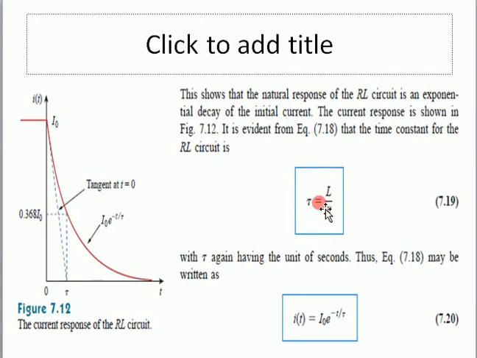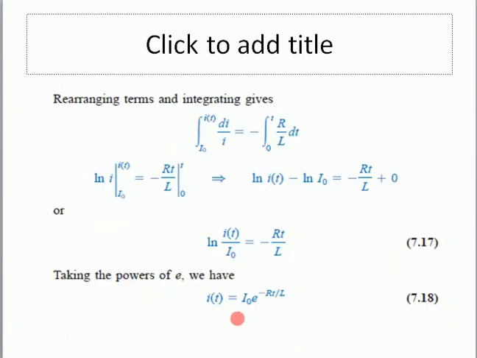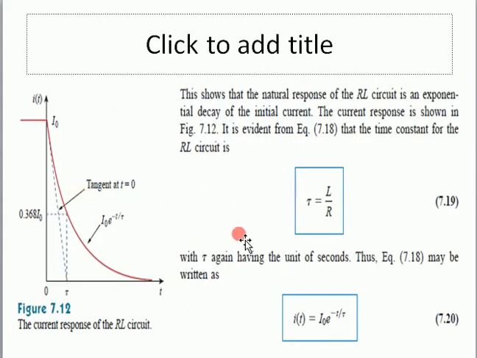By putting this value, i of t is equal to I naught e raised to the power minus t over tau. This equation shows the natural response of the RL circuit, which is the exponential decay of the current.